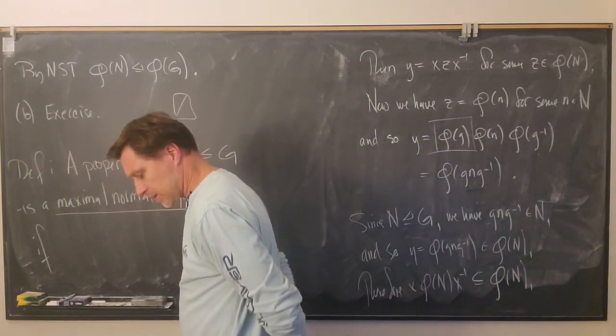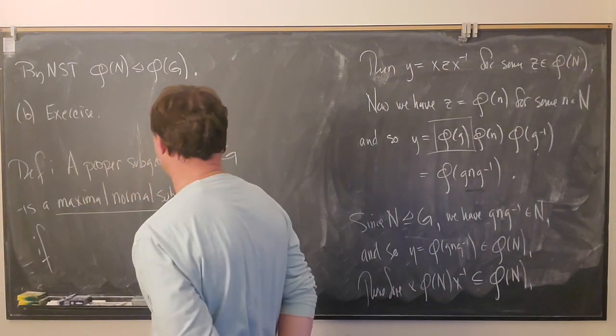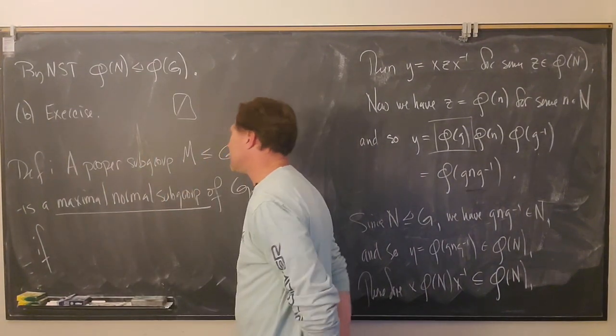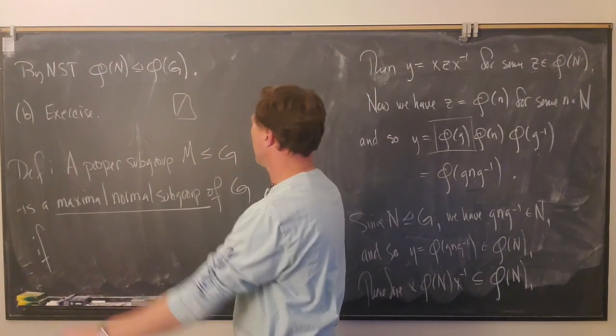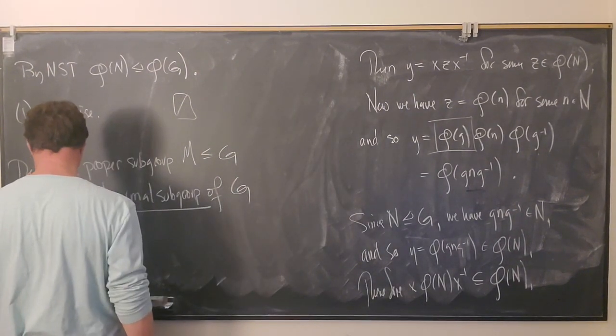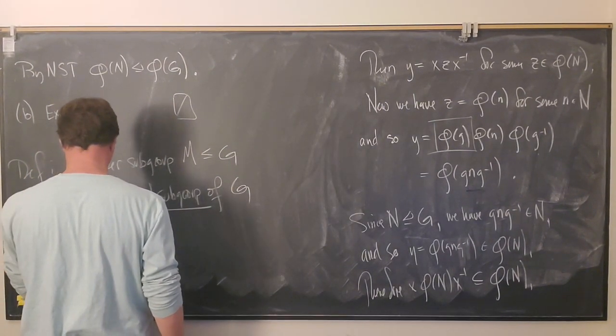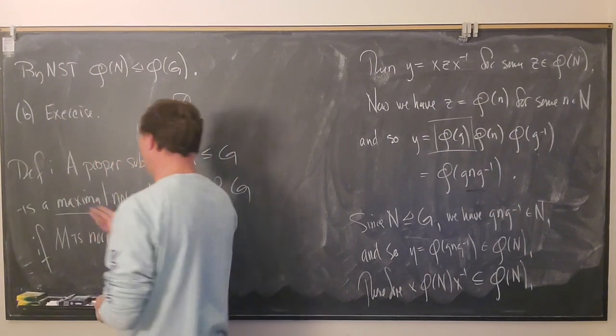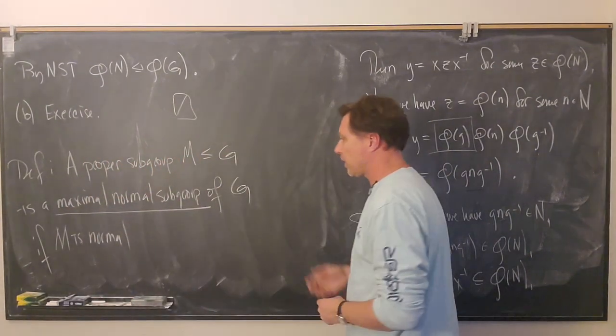And so it would go like this. Well, I should say it's normal also. So if M is normal, obviously, if we're going to call it a maximal normal subgroup, it better be normal.